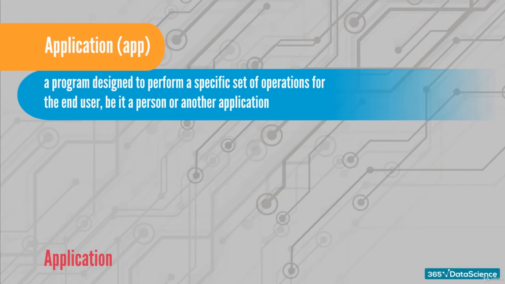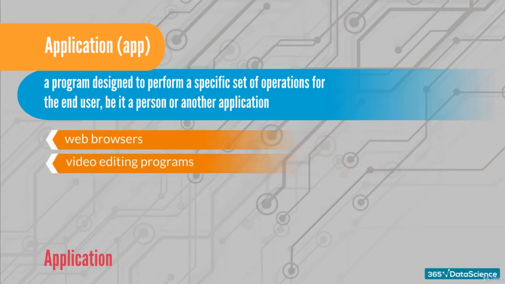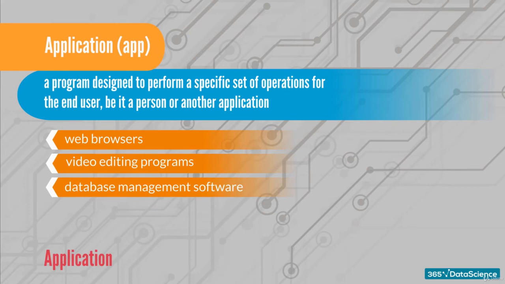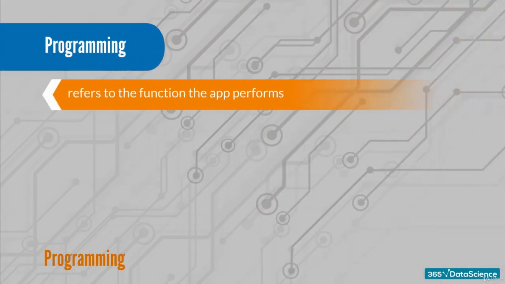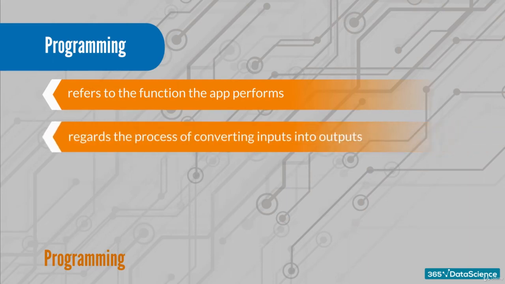Instances of apps are web browsers, video editing programs, database management software, and so on. In the same way, all an oven does is heat up a meal. Applications have a specific purpose and are able to carry out specific tasks they have been designed for. Programming. Programming simply refers to the function the app performs. In other words, it regards the process of converting inputs into outputs.